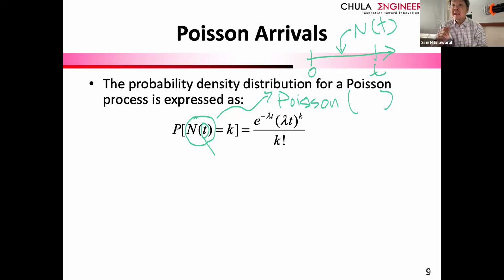T is the parameter of N, right? But I'm talking about N of T. We already argued that the form fits the Poisson PMFs, right? But the Poisson PMF is parameterized, so it can take many parameters. So which parameter value in particular is the Poisson PMF of N of T? Where can you find it in this formula?